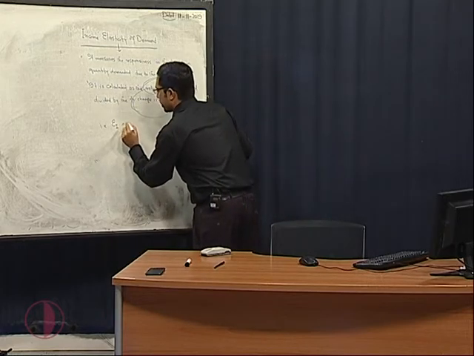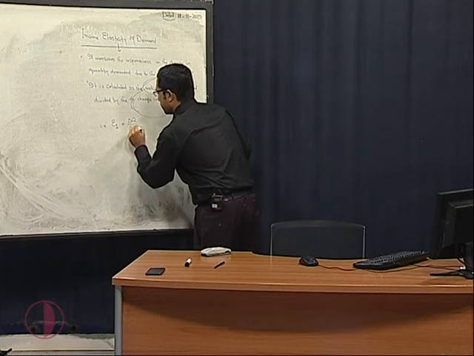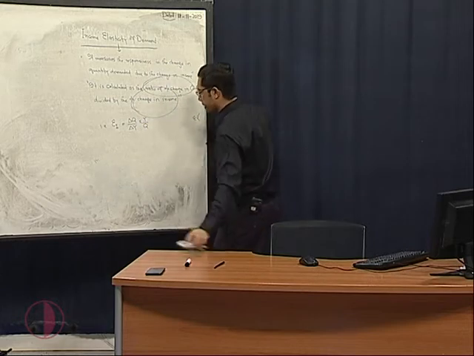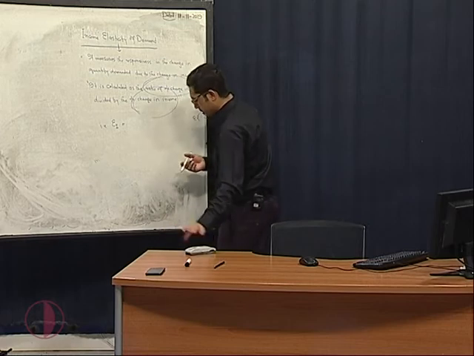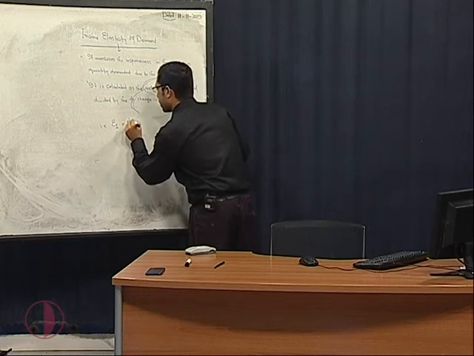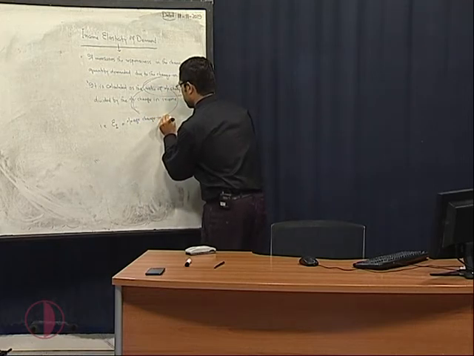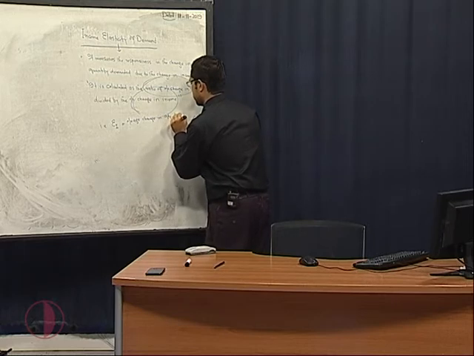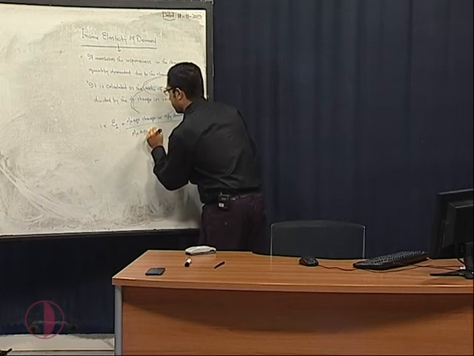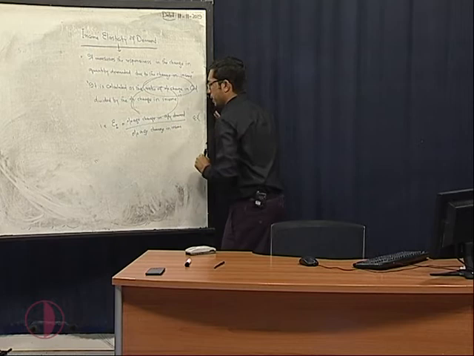So, EY is equal to the percentage change in quantity demanded divided by the percentage change in income, due to change in income.